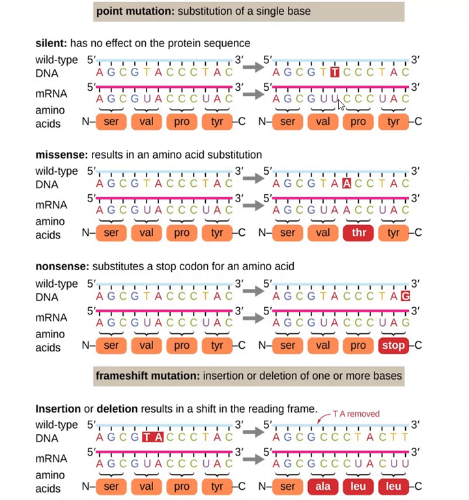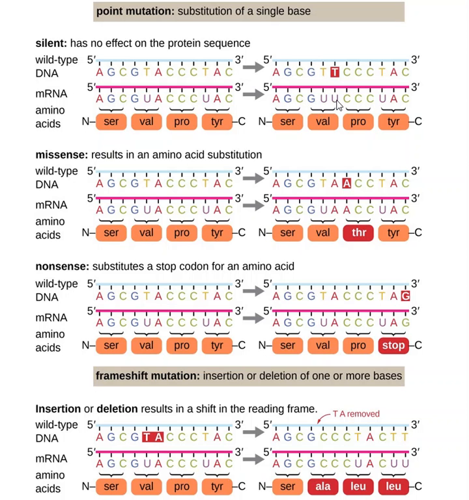So what impact will that change have? Well, you can see that it has changed the sequence of the codon. The second codon on the normal mRNA is GUA. Here we can see that changes to GUU.